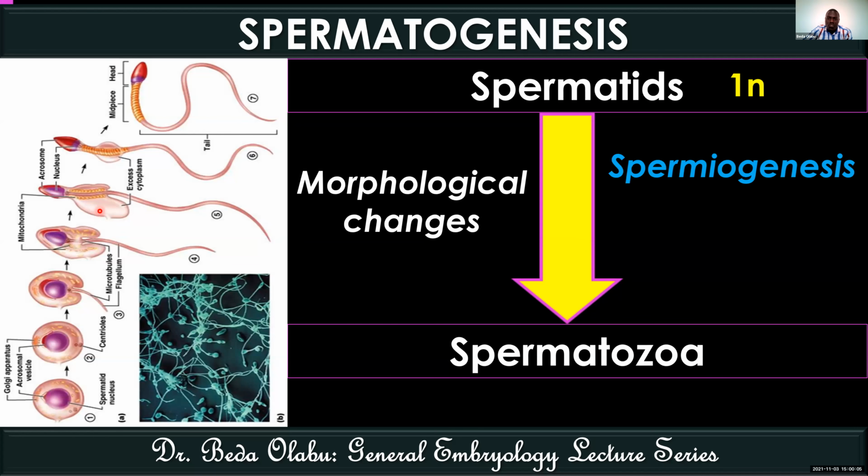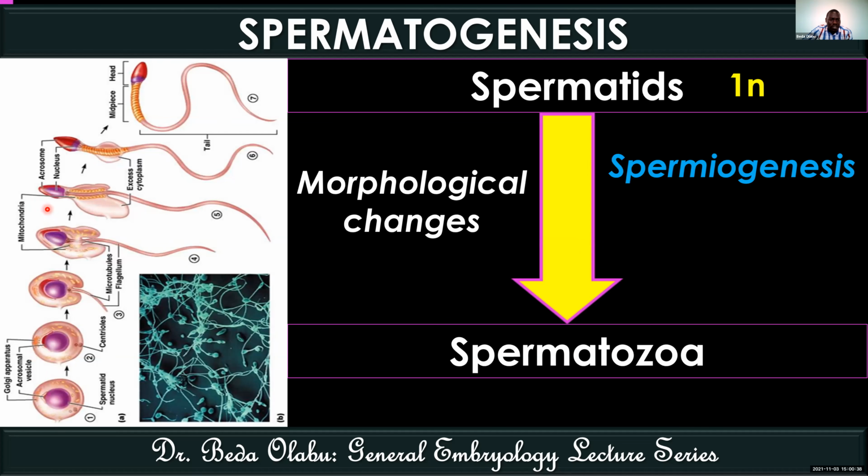Apart from shedding off of extra cytoplasm, the other thing that happens to the sperms is the rearrangement of the mitochondria to the middle piece of the sperm. The other thing that happens is formation of the acrosome.